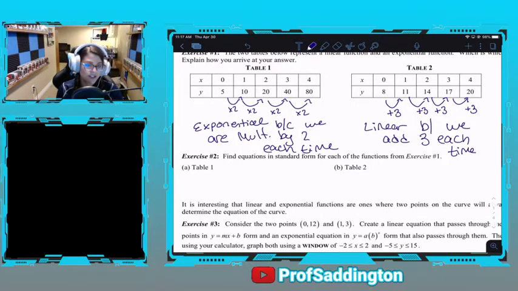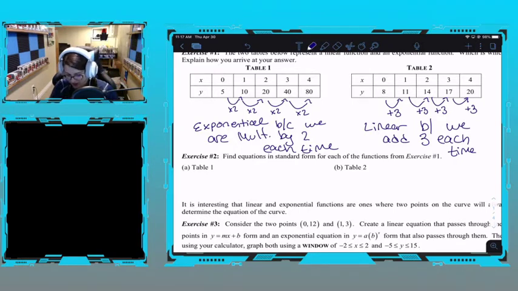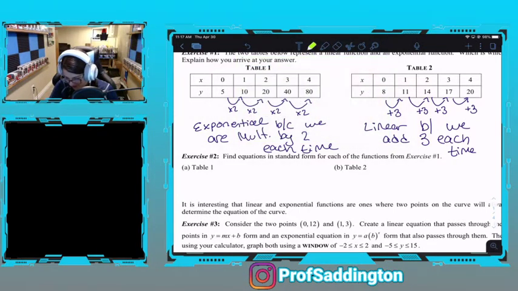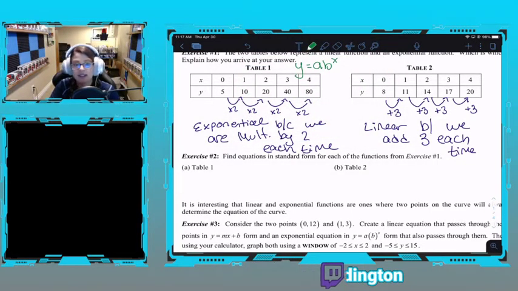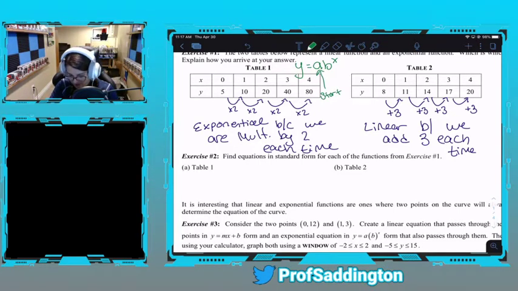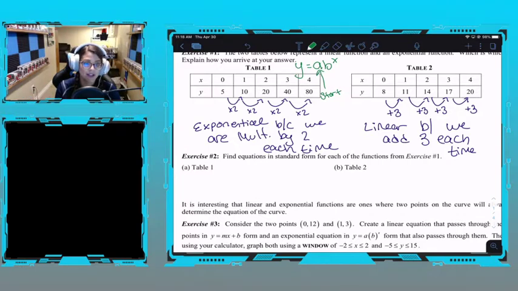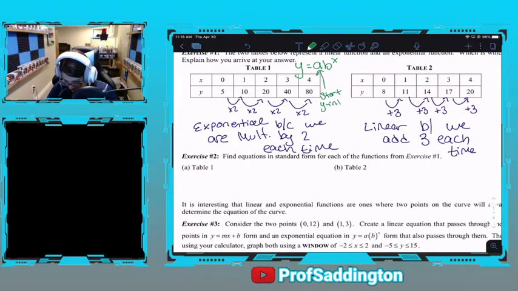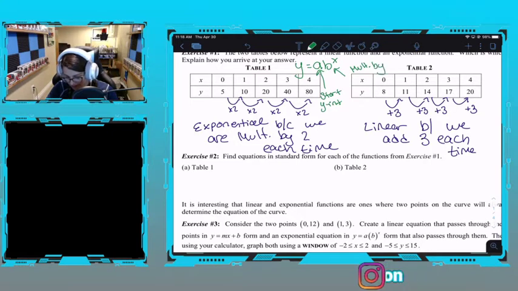With exponential, it's pretty nice because all of our exponential equations are going to be in the form y equals ab to the x, where a is your starting value, like your original amount, that y-intercept, and b is whatever you are multiplying by.